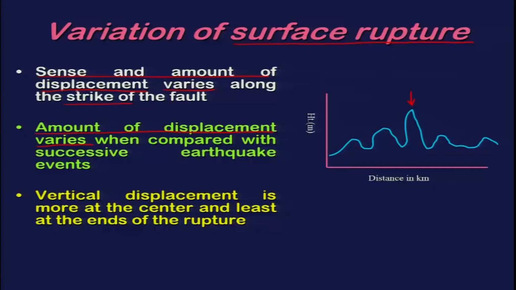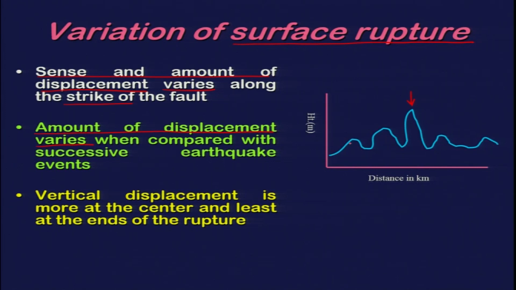So welcome back. In the previous lecture, this was the last slide, where we were discussing the variation of surface rupture in terms of the sense of movement, or the amount of displacement on or along the fault.